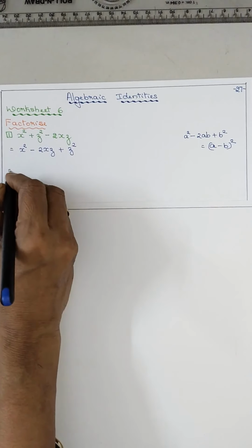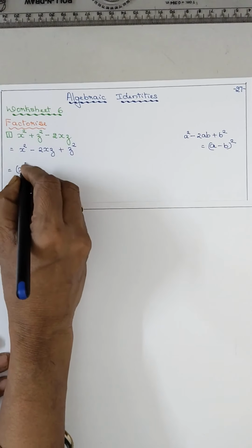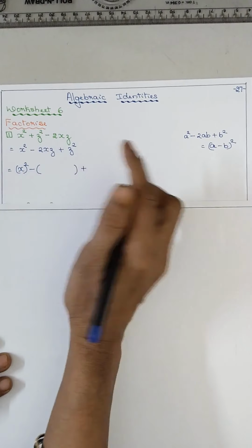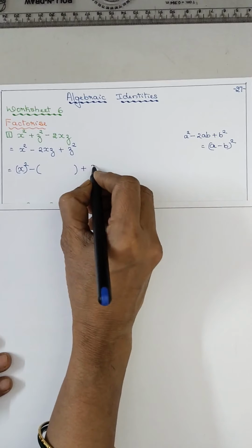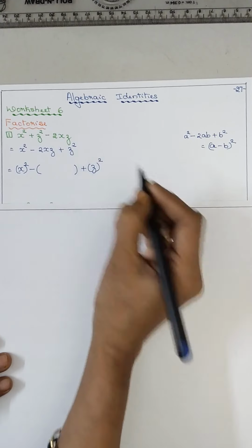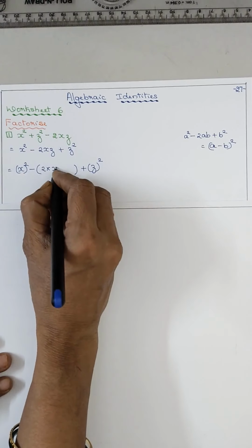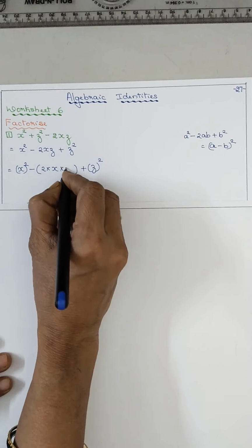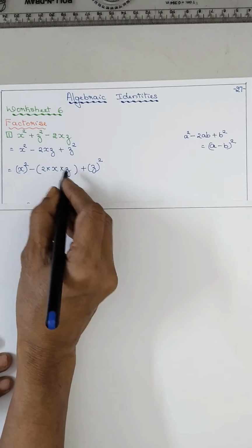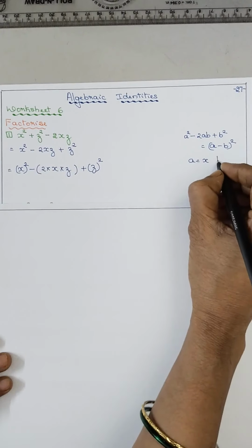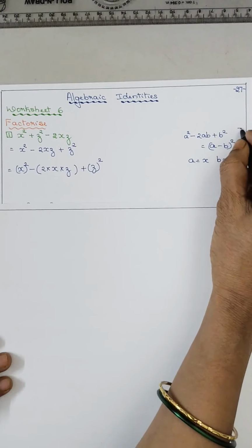You can think like that. x the whole square minus, bracket open, b the square, that is z the whole square. So it is 2 into a, where a is x and b is z, 2xz. Yes. So a is equal to x, b is equal to z.